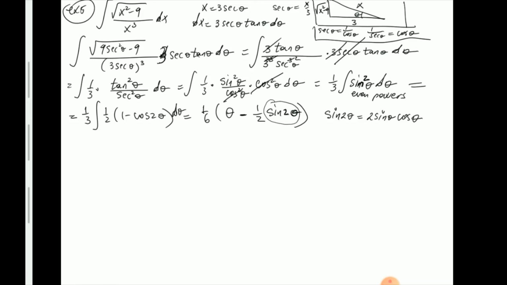In fact, these double angle formulas, personally, I like to memorize them like this. Cosine of 2 theta is, well, let's leave it at that. I wanted to put all the others, but let's not overcomplicate here. So sine of 2 theta is 2 sine cosine. So that's how you can relate it with a triangle. And then theta is just the inverse of secant, right?